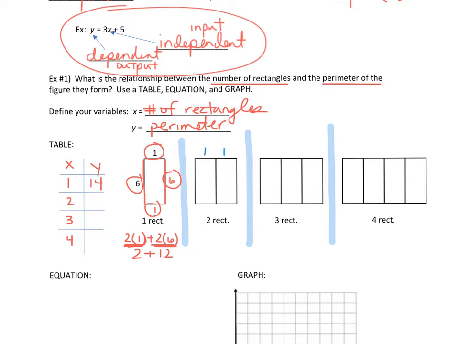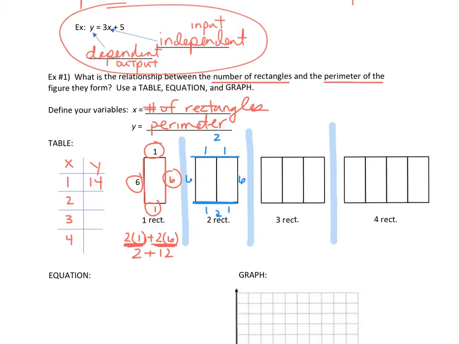These lengths are still going to be 1. These lengths are still going to be 6. How many 1s do we have now? 4. There's 4 1s. So we're going to do a length of 2 here and a length of 2 here. Okay? So this is 2, this is 2 for the side of our figure.